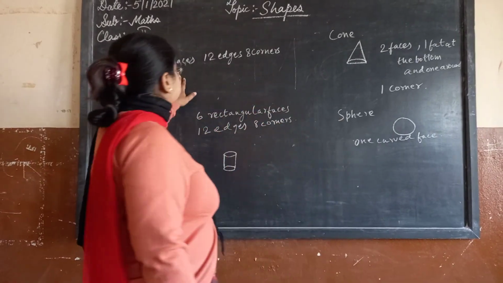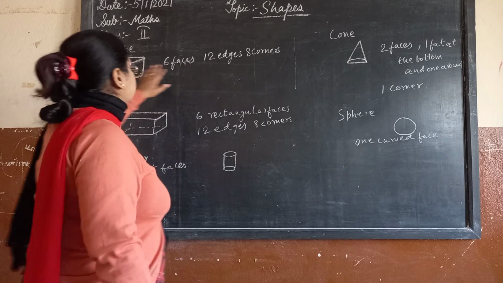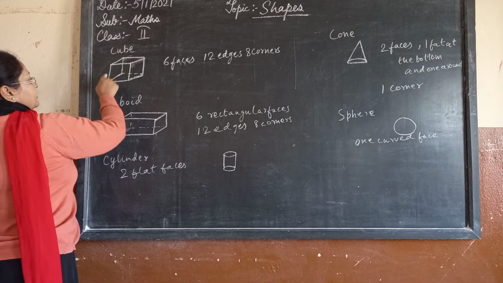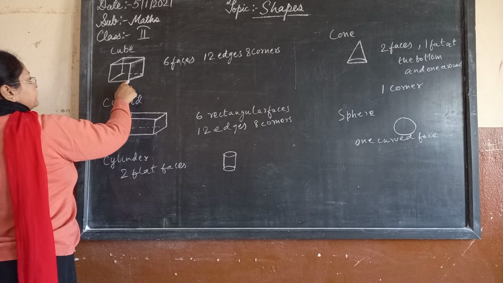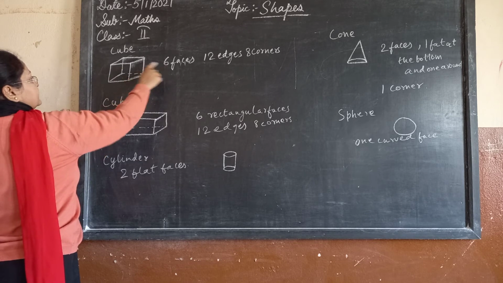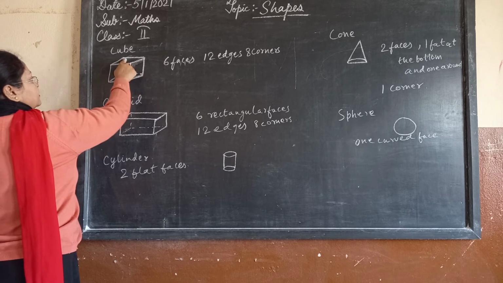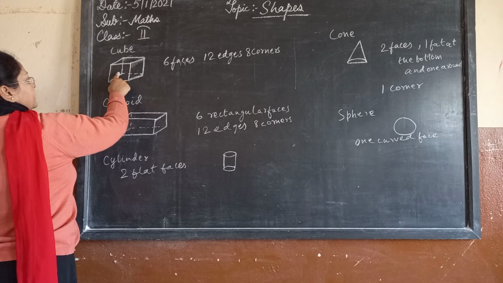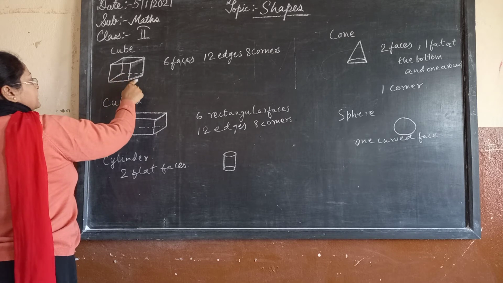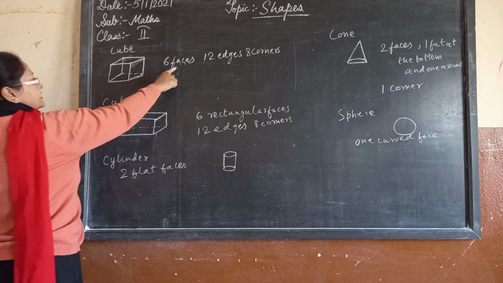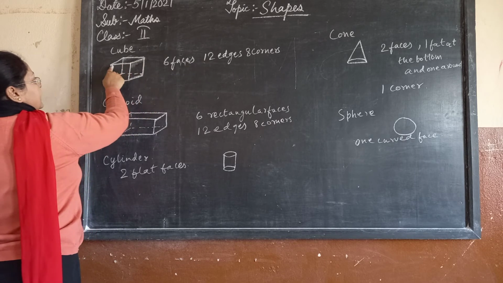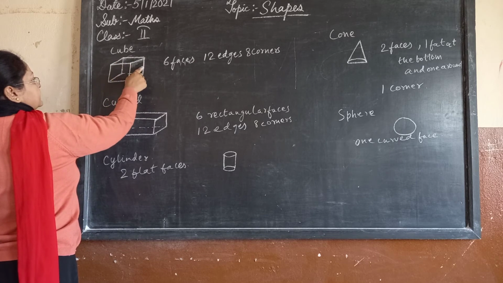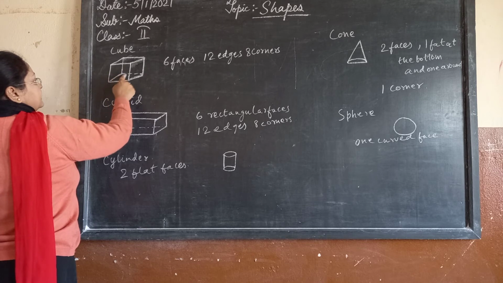Cube has 6 faces, 12 edges and 8 corners. These points are called the corners, 8 corners or vertices. 6 faces: 1, 2, 3, 4, 5, 6. 12 edges means the sides: 1, 2, 3, 4, 5, 6, 7, 8, 9, 10, 11, 12.